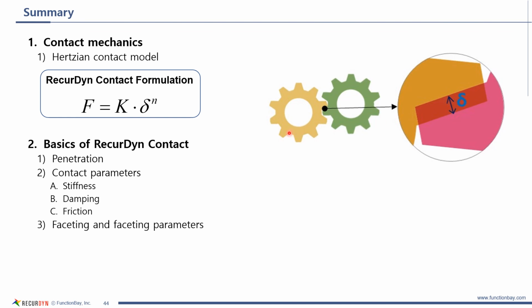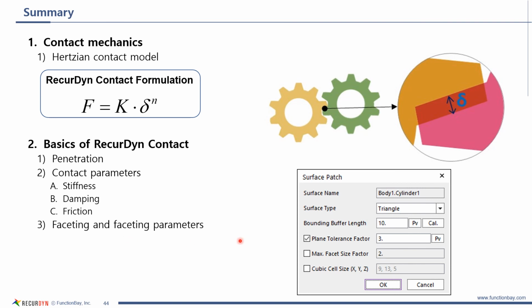And I explained the basic parameters for stiffness, damping, and friction. To represent the 3D shape of the geometry, RecurDyn uses facets, and it is important to understand the parameters for facets. For example, plane tolerance factor and max facet size factor.